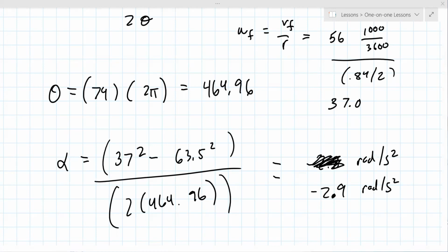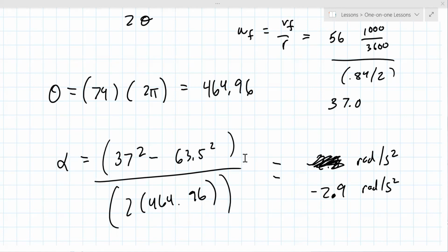That's reasonable. 56 divided by 3.6 divided by 0.42. 37. That number's fine. And then 94. What a pain this thing is.